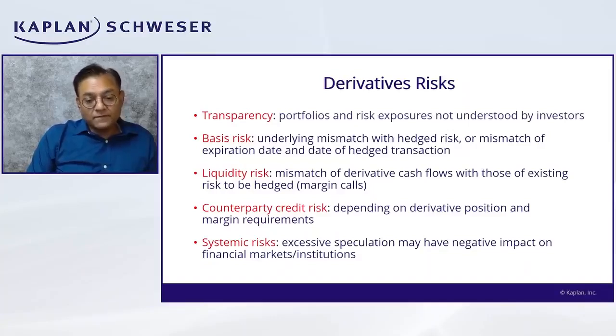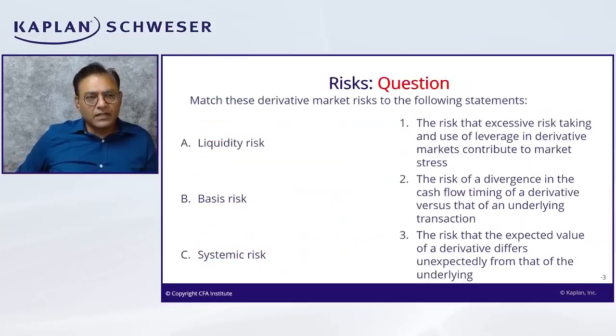But what if that price limit is violated? Then the margin may not be sufficient to ensure against default by counterparties. That is systemic risk, where there is a large shock to the system. So now again, we are going to match risks to statements talking about those risks.